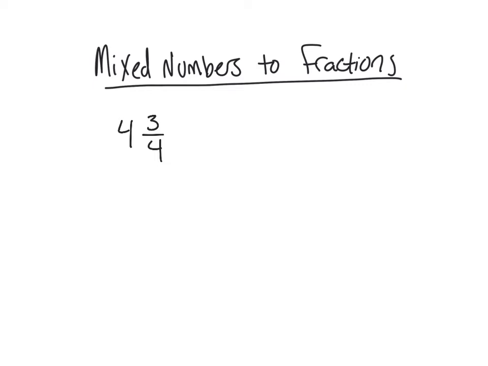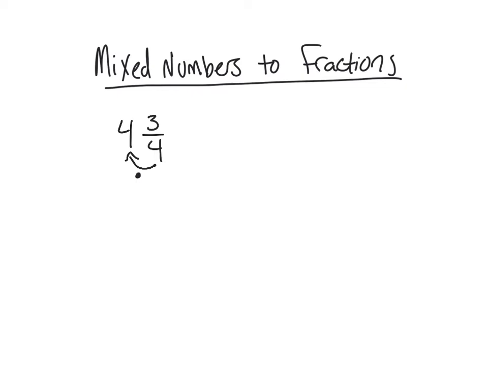So if I want to change this into a fraction, what I'm going to do is multiply my denominator times my whole number. The reason I'm going to do that is because we want to see how many fourths are in 4 wholes.